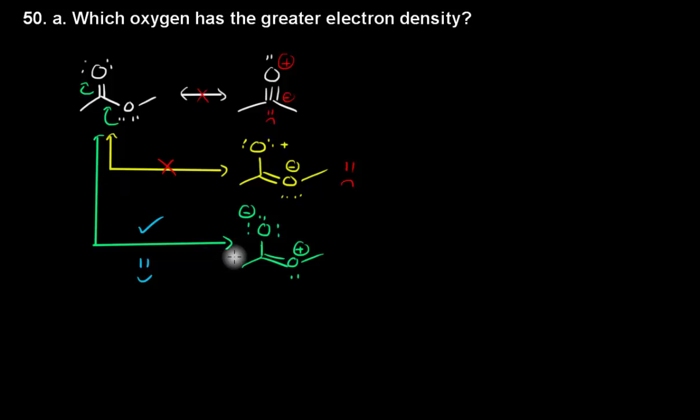So it gives us a little bit of intuition or information about where that negative charge would be. In this case, this top oxygen has a negative charge, bottom oxygen has a positive charge. Because of that, this top oxygen is going to have greater electron density, because we have a formal negative, and this bottom oxygen is going to have lesser density.